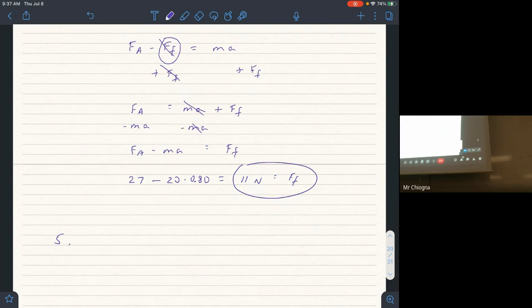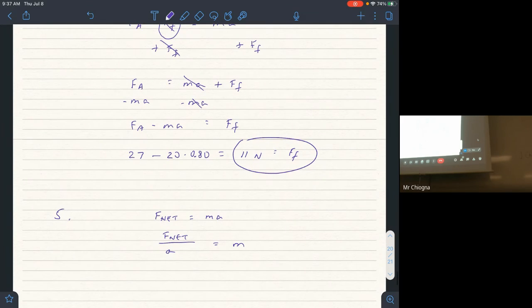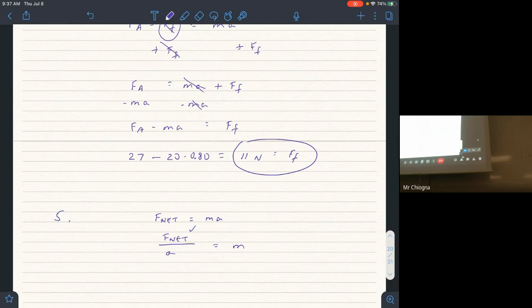Okay, almost done here. 5. Read that. Okay, if I know what the F net is and the acceleration, I can find my mass.